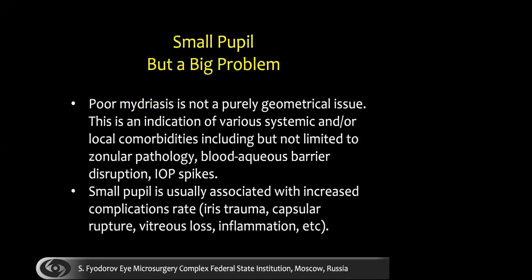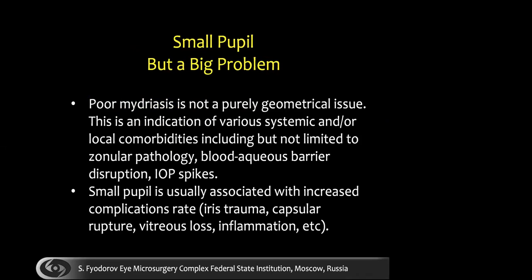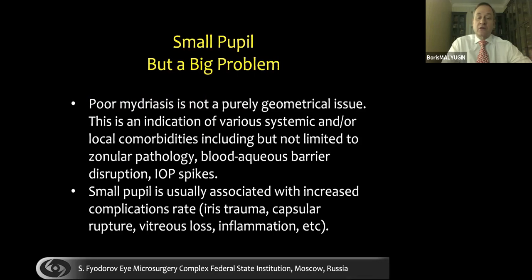Small pupil is not only a geometrical issue, it is also an indication of various systemic and local comorbidities, because it is very much associated with zonular pathology, blood-aqueous barrier disruption, IOP spikes, and so on and so forth.